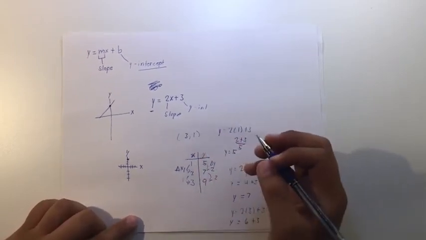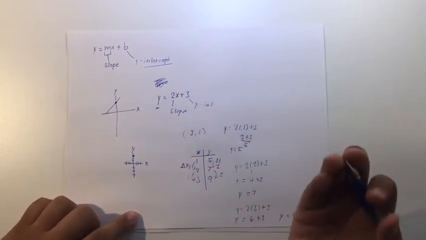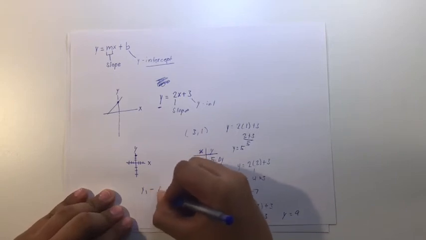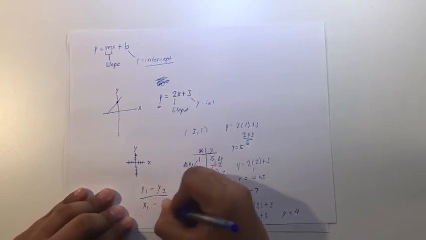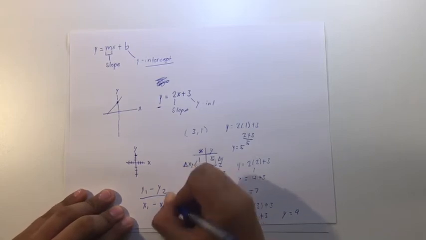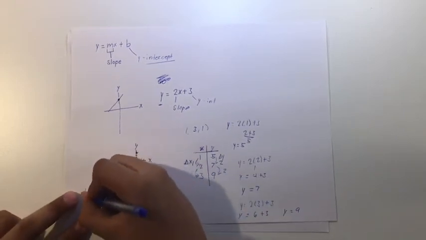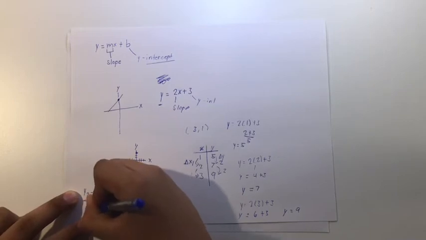I was just furthering what most of you might recognize as y2 minus y1 over x2 minus x1.